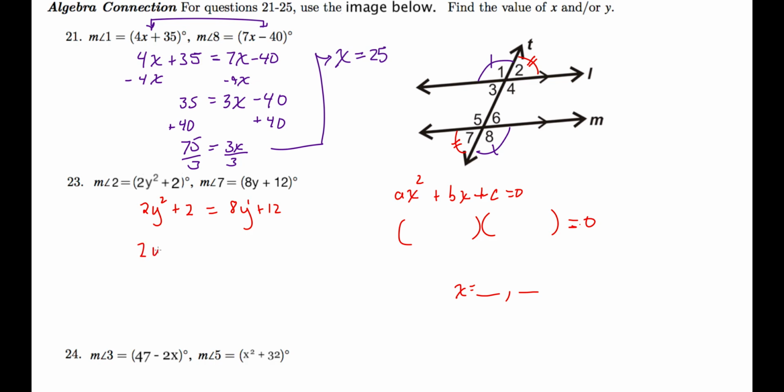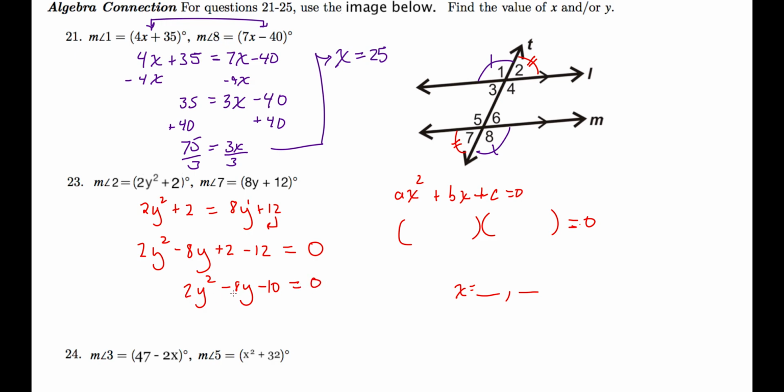So let's bring over the 8y by subtracting it, and let's bring the 12 over by subtracting it as well. So everything has been brought over. So the right side is 0. Let's combine these terms. Two minus 12 is negative 10.